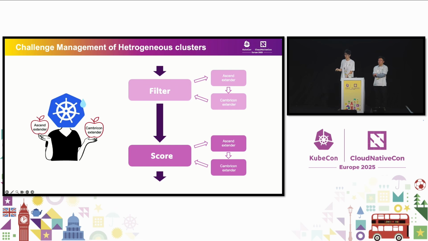If you enter the filter, you first have to go through the multiple extenders and go back to the filter, and then into the score process, you still need to go through all the extenders and return to the score. This will cause the performance of Kubernetes scheduling to be very poor. That's a problem that needs to be solved.